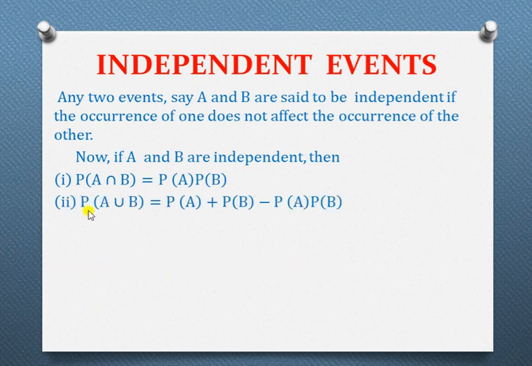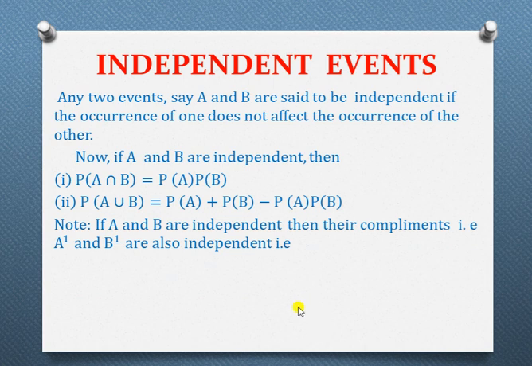Now remember, probability of A union B from set theory is as good as probability of A plus probability of B minus probability of A intersection B. But since probability of A intersection B is as good as probability of A times probability of B, that is why you see us having probability of A multiplied by the probability of B instead of the intersection. So even the union changes slightly, but most importantly, Roman 1 defines Roman 2. That is what you need to understand.